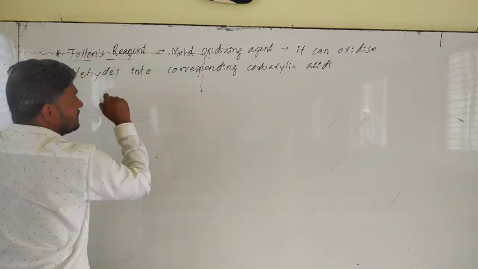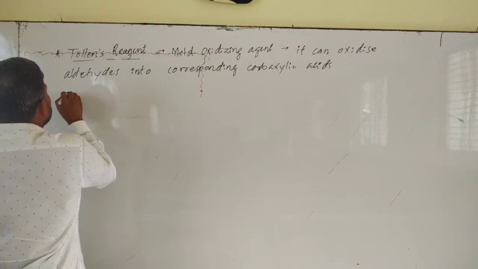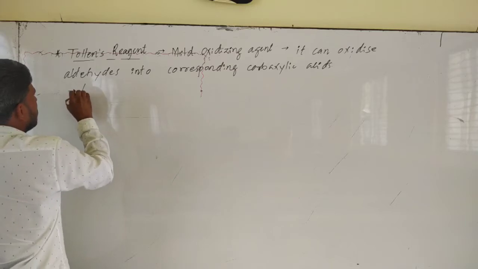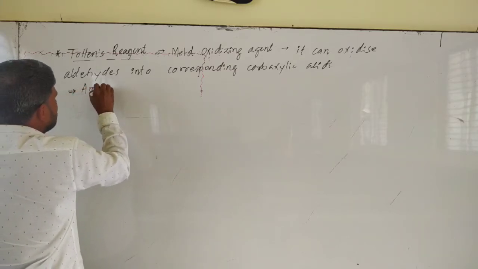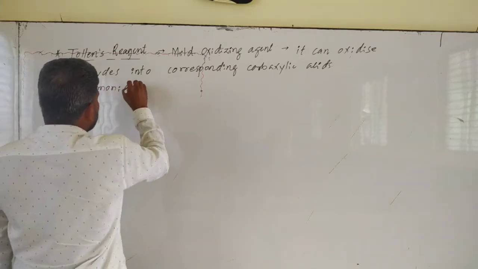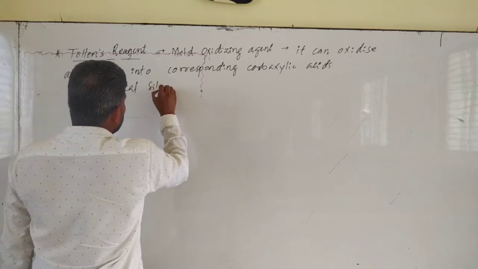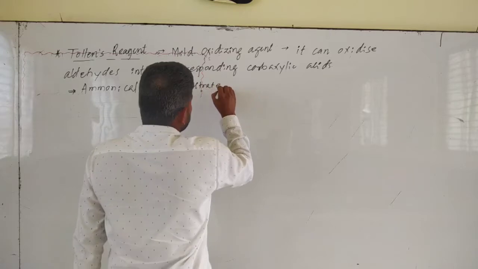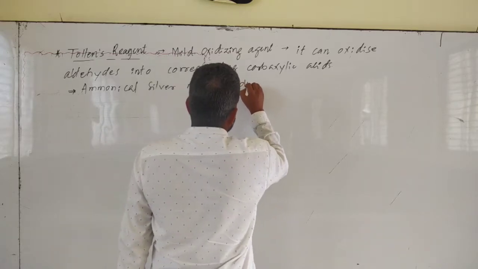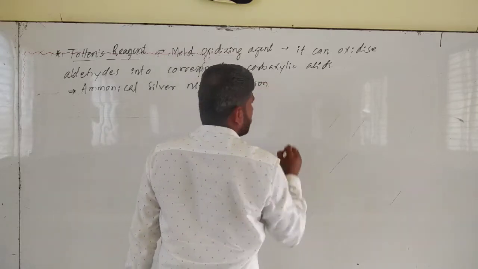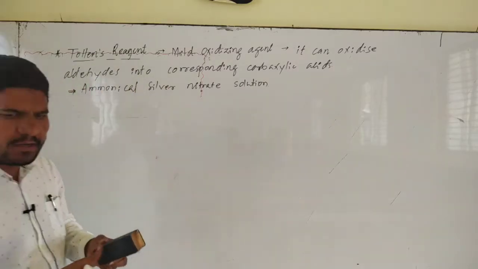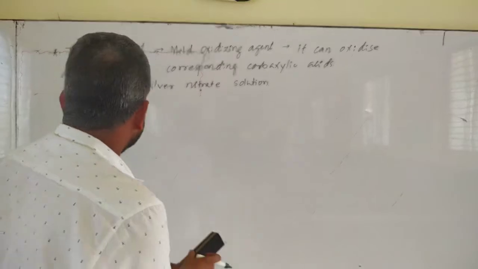See, this is very important, Tollens reagent is nothing but ammonical silver nitrate solution.